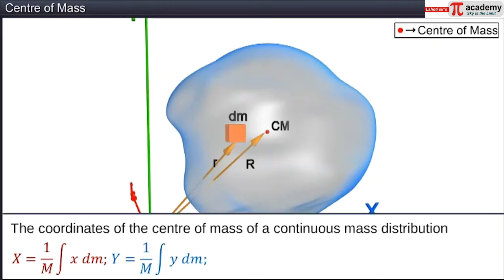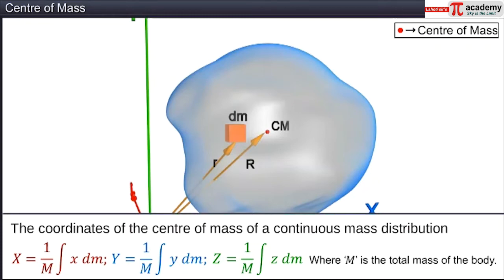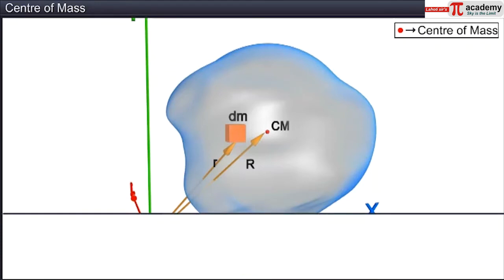Y is equal to 1 by m integral of y dm. Z is equal to 1 by m integral of z dm, where m is the total mass of the body. The equivalent expression in vector notation is R is equal to 1 by m integral of r dm.